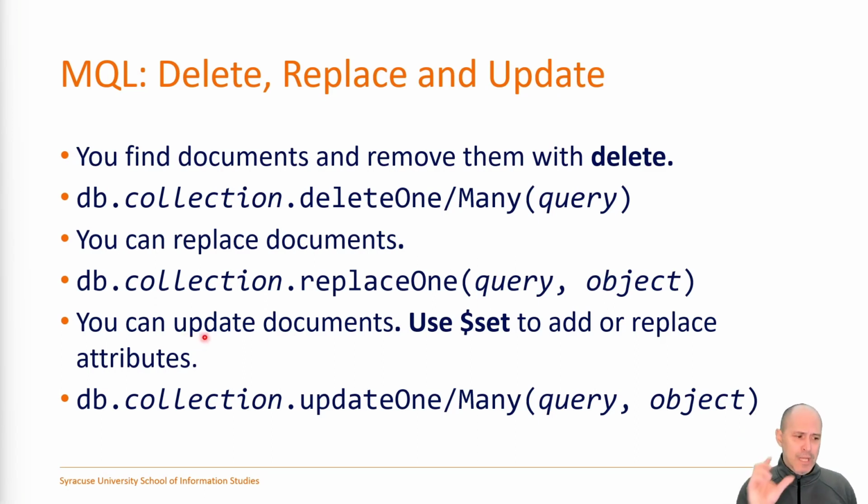You can also do partial updates with the updateOne or updateMany function, with a query and an object, and in that object you're going to use a special operator called $set to specify which bits you want to change in the document. This is newer to MongoDB and allows you to do some partial updates in the document. Very handy.